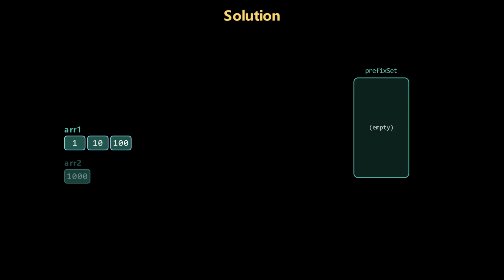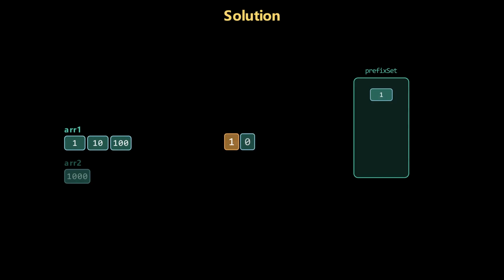Hash set on ARR1, 1, 10, 100. ARR2, 1000. The prefix set starts empty. Pass 1. ARR1 index 0, value 1. Digit 1 forms prefix 1. Add 1 to the set. Index 1, value 10.